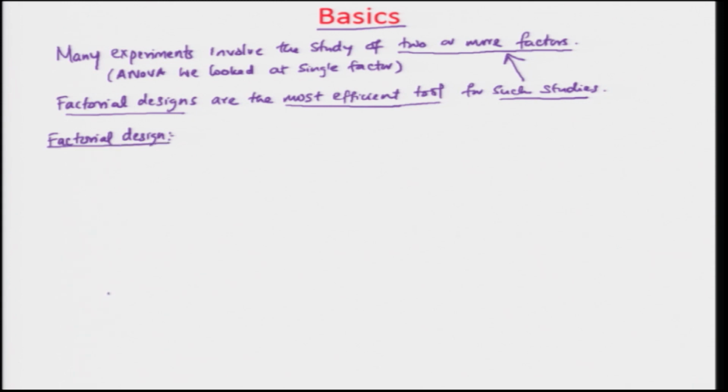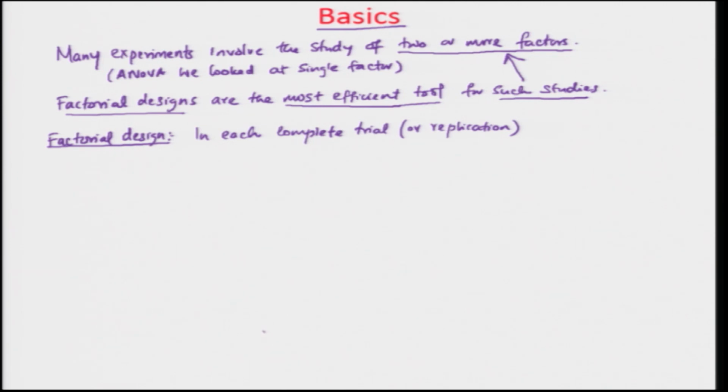The factorial design, in a simple way to say it, is that in each complete trial, or trial is also called a replication. Remember, we were studying this term, trial and replication, they are one and the same.